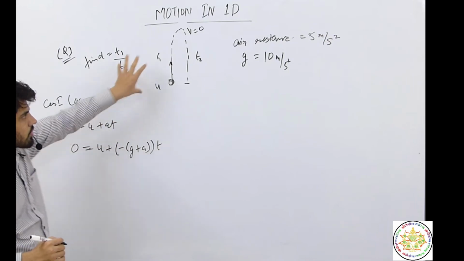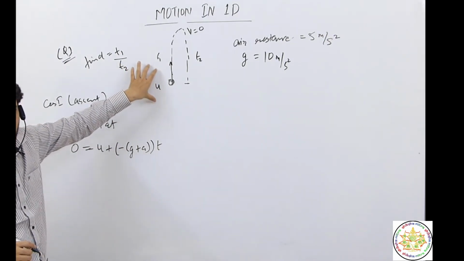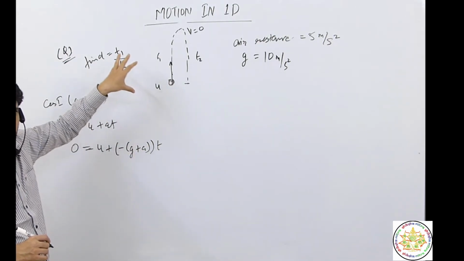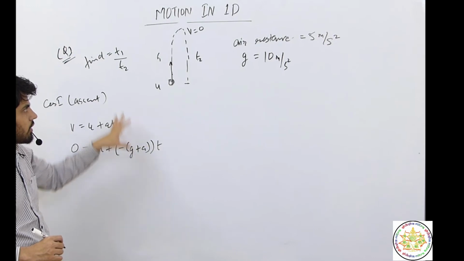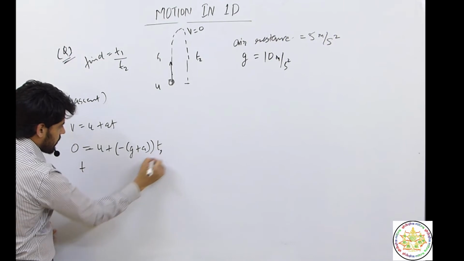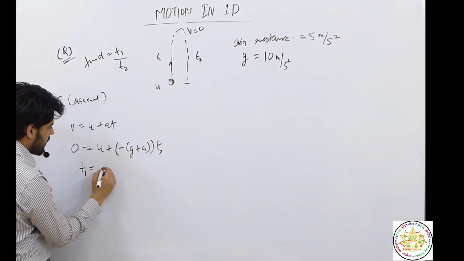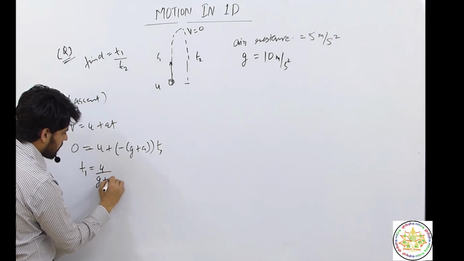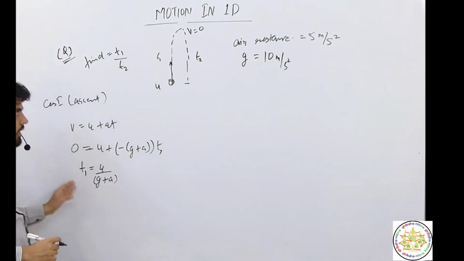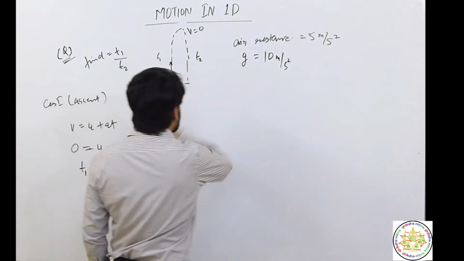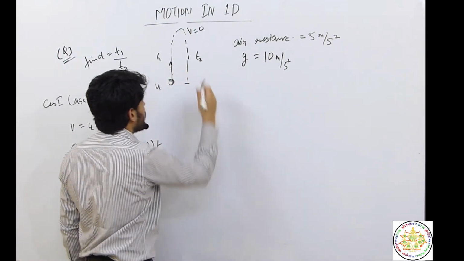Minus is used because both accelerations are in the opposite direction, and they are added because they are reducing the speed in the same way. So g plus a, so from here t1 will be equal to u by (g plus a). This is the time of ascent. So time 2 should also be in the u, g, a form, so that it is easy to calculate this ratio. So time t2.